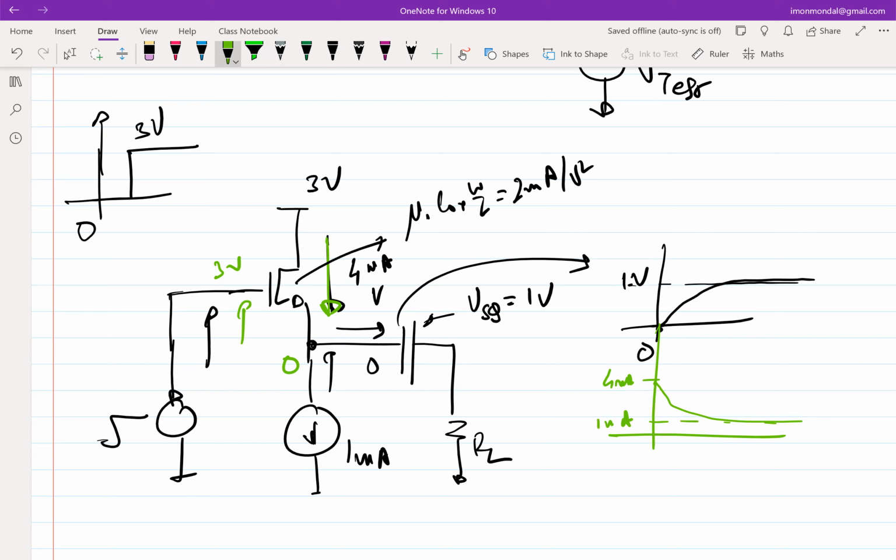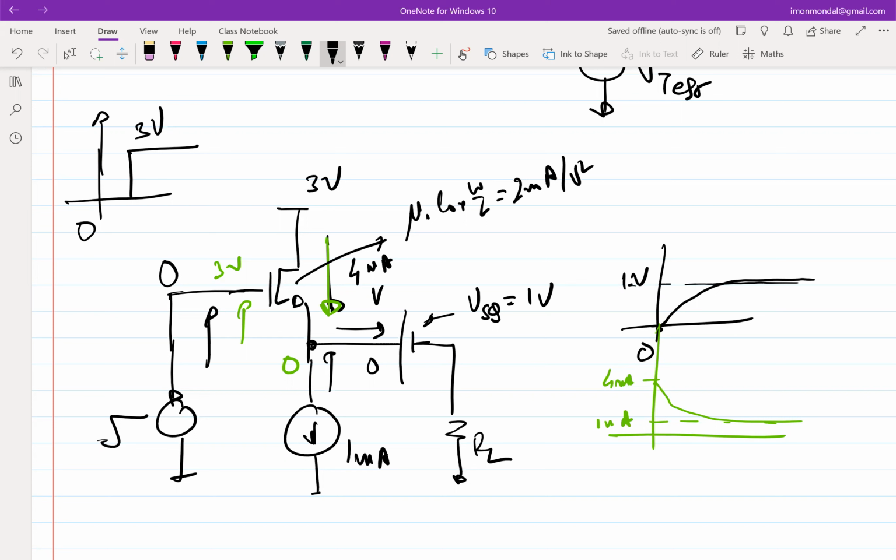Was that your question? Okay, now let's put a battery. Now things will become tricky, because when your gate voltage is 0, you don't have any current.